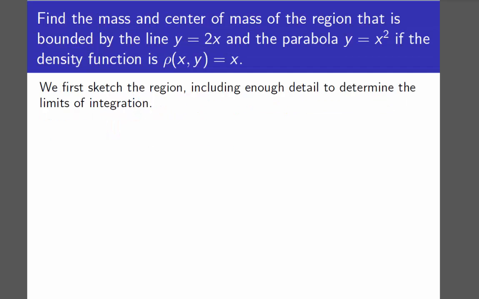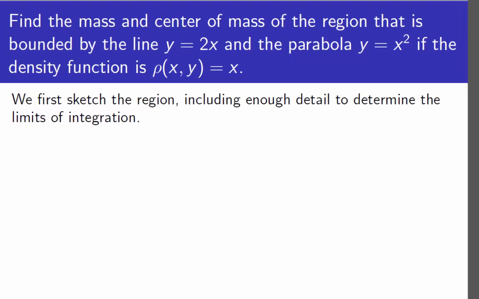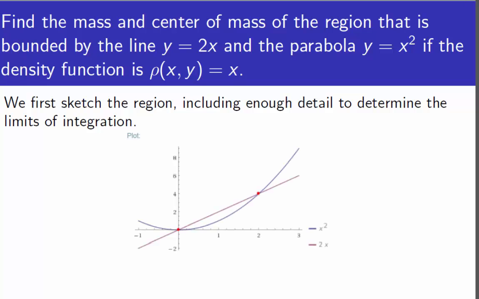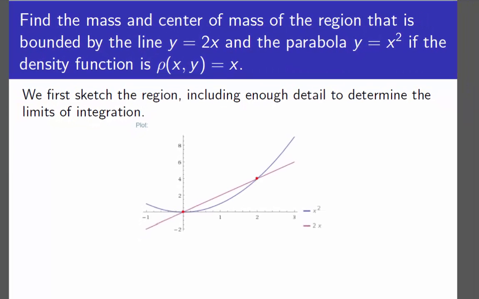The very first thing that we do in a problem like this is we sketch the region and we make sure to include enough detail so that we can determine the limits of integration. So from here, we sketch the curve y equals x squared, which is the blue curve, and y equals 2x, which is the red line.